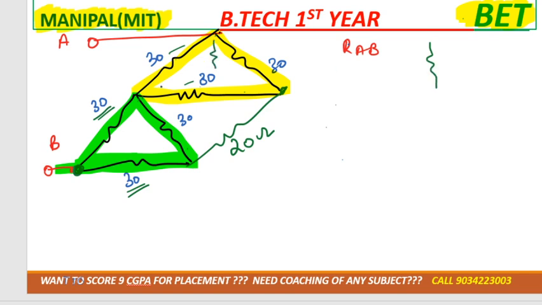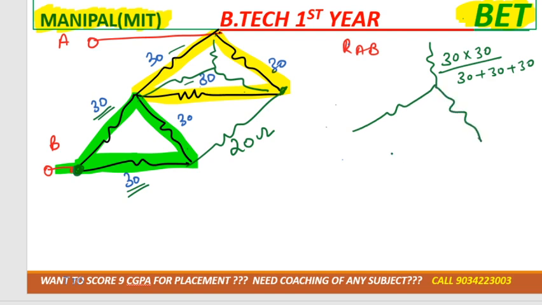This is delta, we need to convert it into star, and the values according to the formula would be 30 into 30 divided by 30 plus 30 plus 30. Correct? All three values are the same. The 20 ohm we didn't touch. Again this is delta and we can convert it into star.